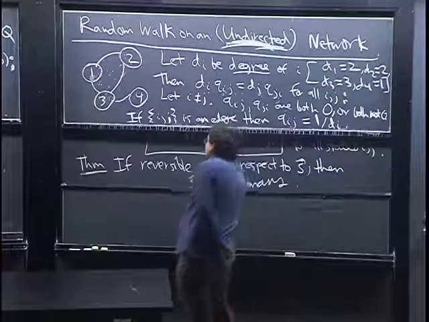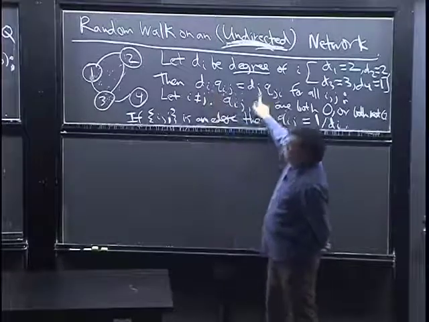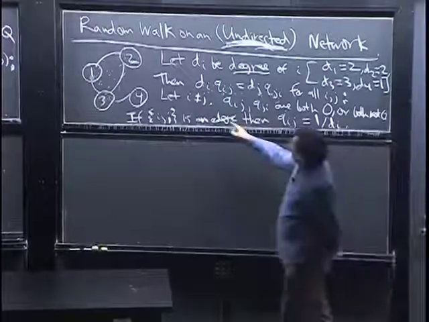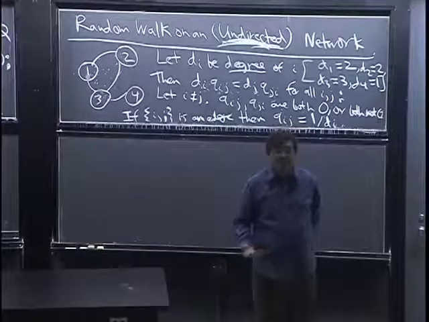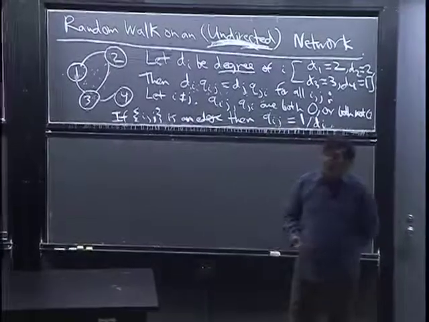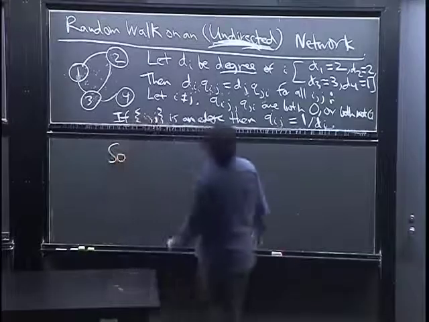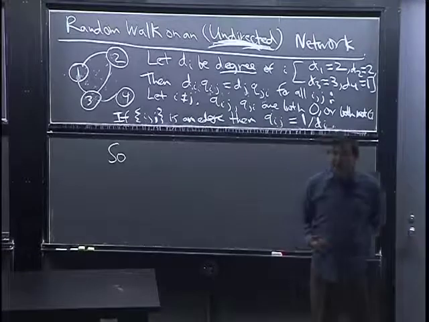Let's write down the stationary distribution now. This is exactly the reversibility equation, except that the d_i are positive integers, so we just need to normalize it. To do that, all we have to do is multiply both sides by a constant.